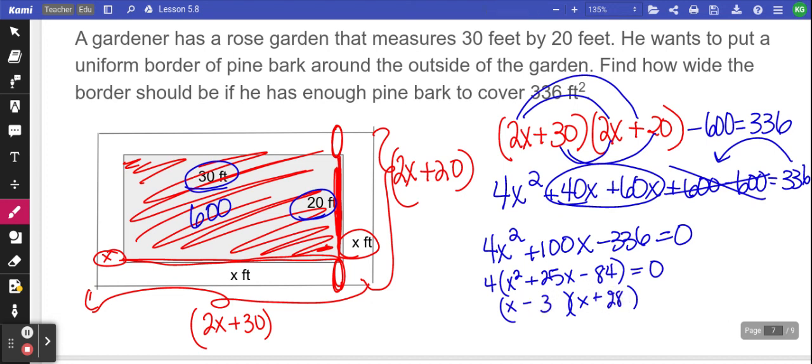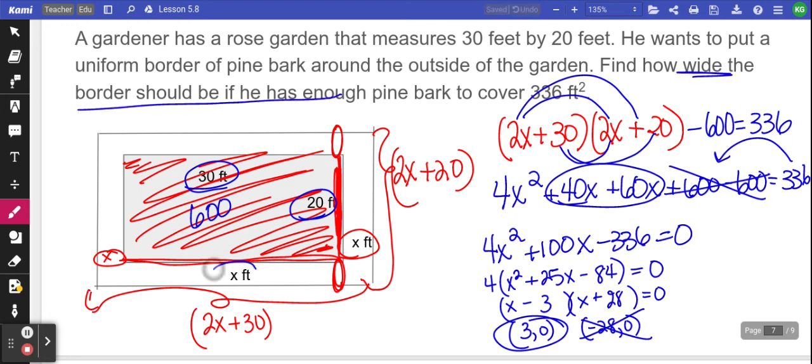Sign chart says bigger one gets a plus. So this one would be 3, 0, and this would be negative 28, 0, which I won't use because I only want a positive number. And it says find how wide the border should be, and the border is x, so I only need to have 3 feet.